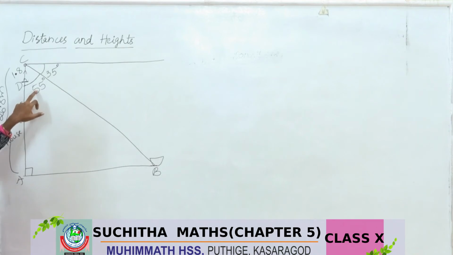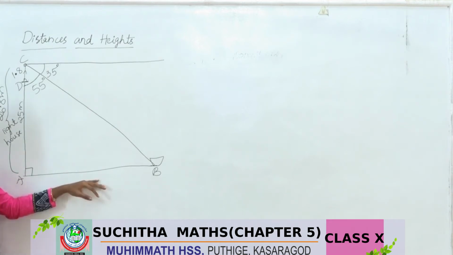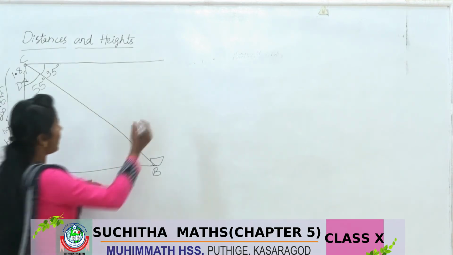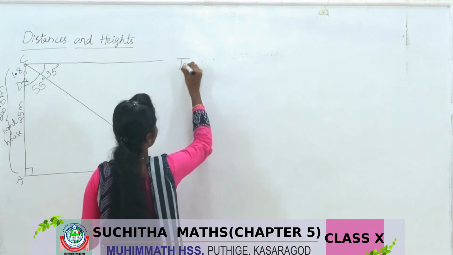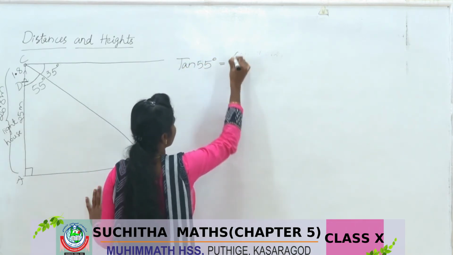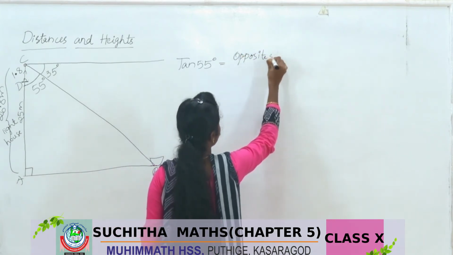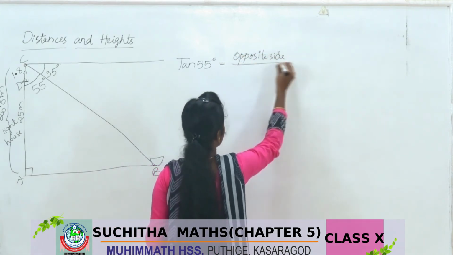Now the opposite side of angle 55 degree is AB, and the adjacent side of this angle 55 degree is CA or AC. Now by using tan 55, find the length of AB. Okay, tan 55 equal to opposite side divided by adjacent side.